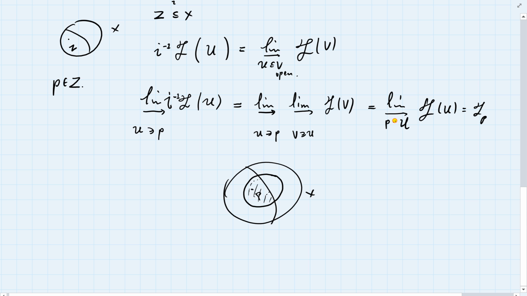But the idea is like this. Any open of X containing P will intersect with Z, and it becomes an open containing P in Z. Any open of Z containing P comes from an open of X. So it's okay.